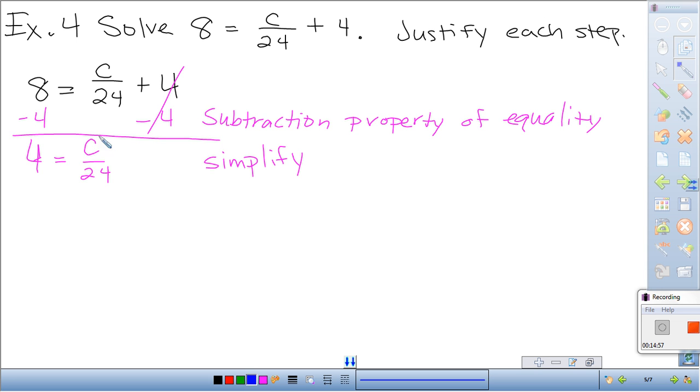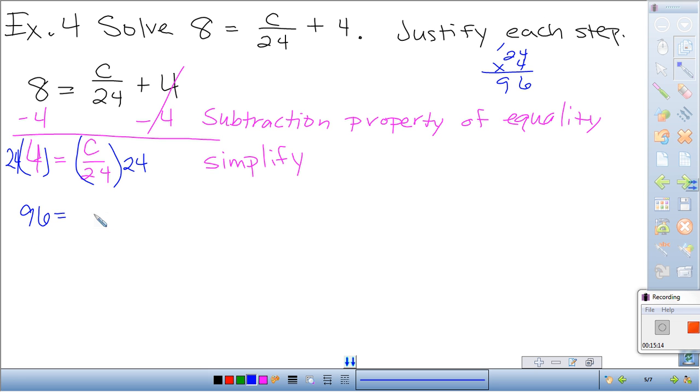Next, the opposite of dividing by 24 is to multiply both sides by 24. And we have 24 times 4. 4 times 4 is 16. Carry the 1. 4 times 2 is 8. Plus 1 is 9. 96.